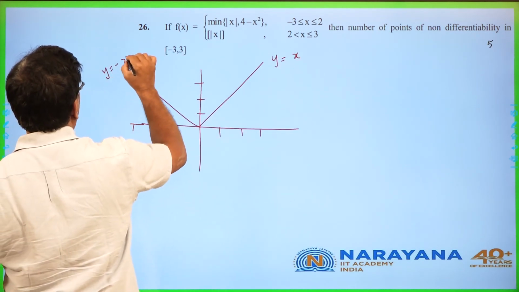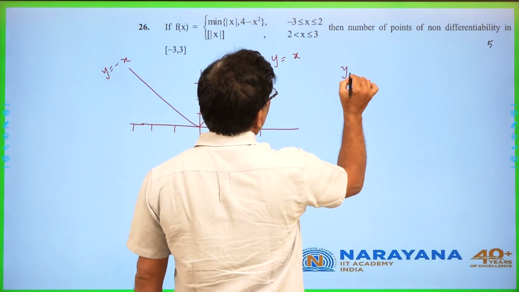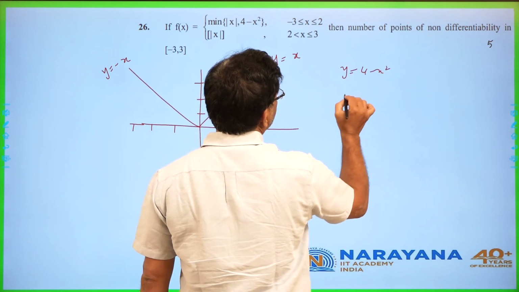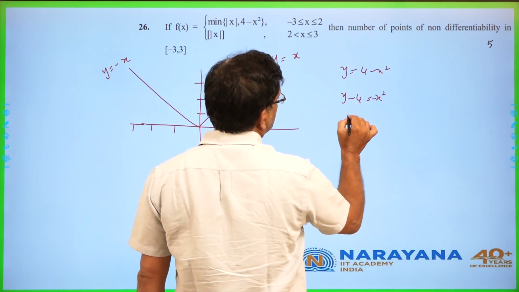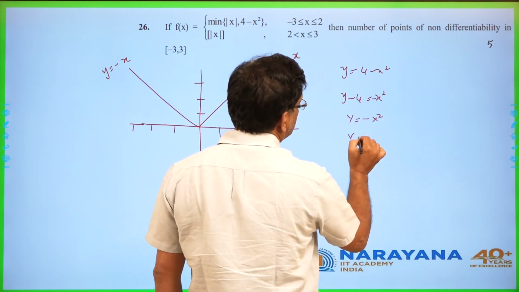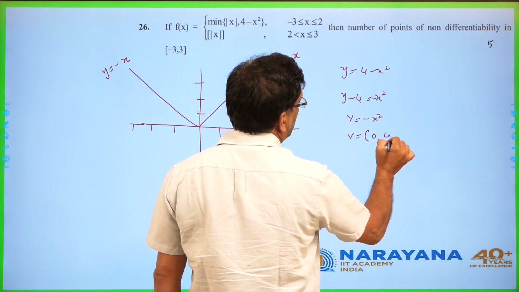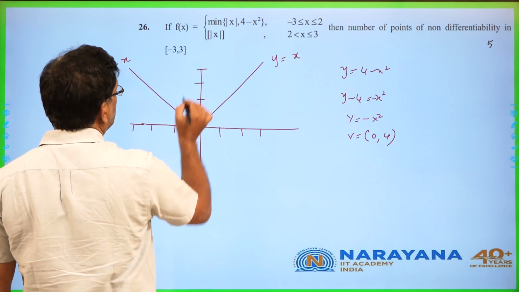So, this is the y equal to x line. This is y equal to minus x. Next one, y equal to 4 minus x square. It is like this. So it is 4 minus x square, a parabola with vertex at 0, 4. That is the reason I want 4.